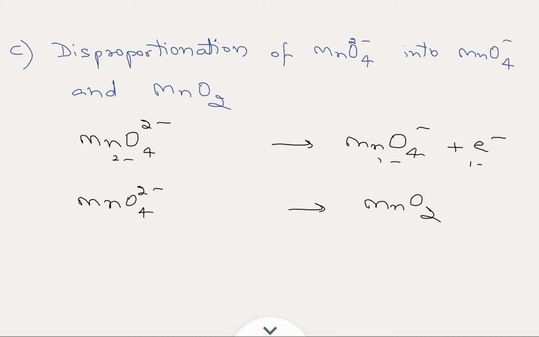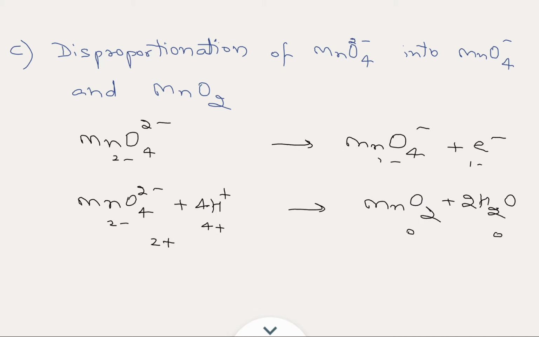In the second half equation, manganate and MnO2, the difference is only to the extent of 2 oxygens on the left hand side extra. So therefore what we are going to do is we are going to put 2 water on this side, and then to balance the hydrogen, 4H plus over here, and then you can see that this side is 2 minus, this is 4 plus, so therefore overall it's 2 plus, and this side both were molecules, so 0.